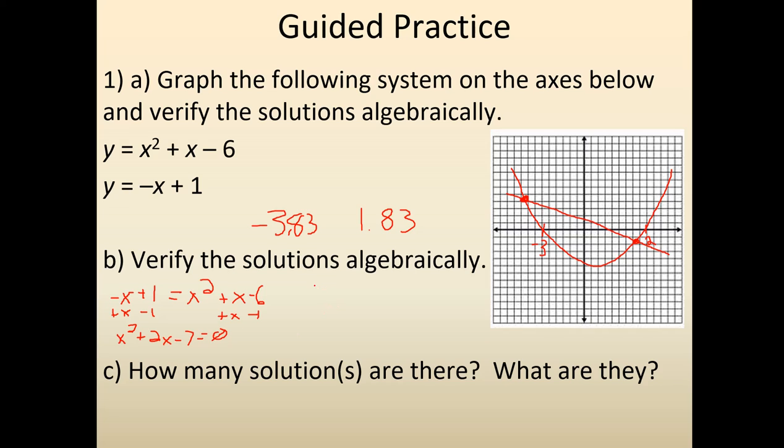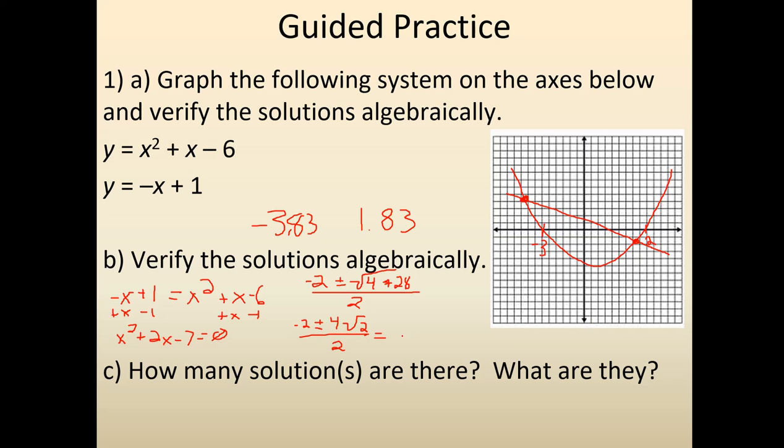I'm going to do a quick quadratic formula. So negative b plus or minus the square root of b squared minus 4ac, which would be plus 28, all over 2. So this ends up being negative 2 plus or minus the square root of 32, which could be rewritten as 4 root 2, over 2.